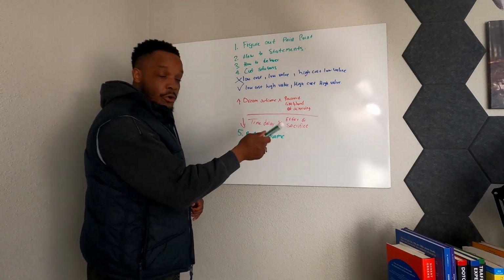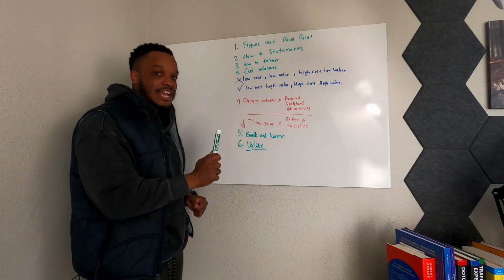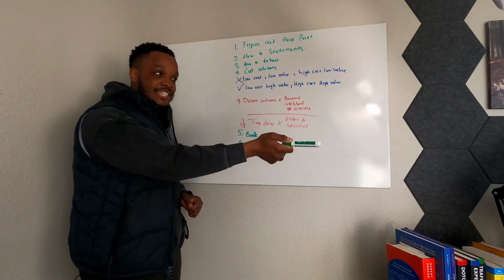So I'm actually gonna go ahead and show you exactly what I mean with Get SaaS Customers, what I do for myself. All right, so we're just gonna hop in and I'm gonna show you exactly how I did it with Get SaaS Customers and how I was able to increase value and separate myself from the competition.